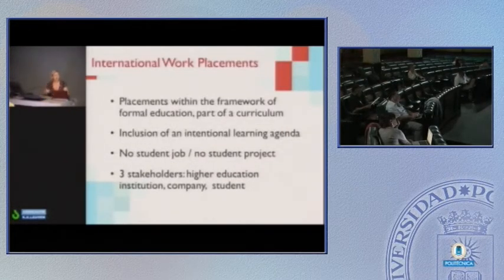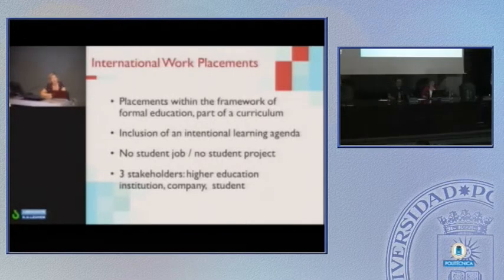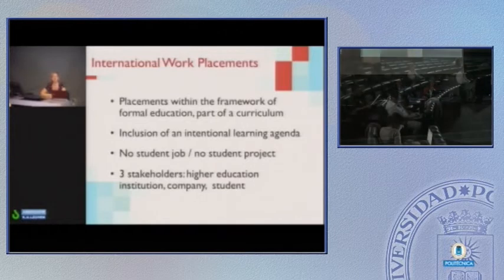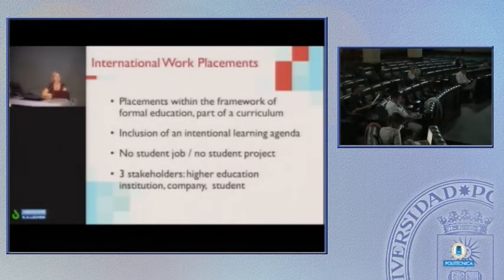Another thing we look at, besides virtual mobility, is international work placements. Work placement is also a very broad concept. There are many different ways of doing it. We have really focused here on placements that take place in a framework of formal education as part of a curriculum.